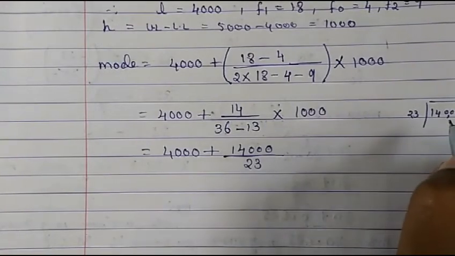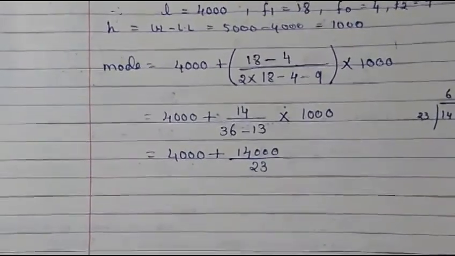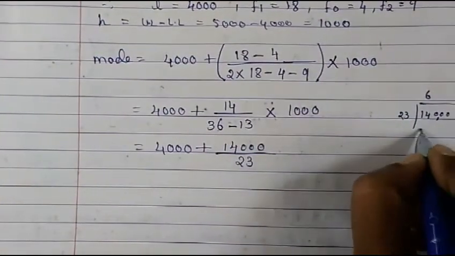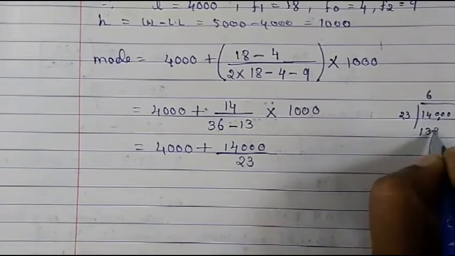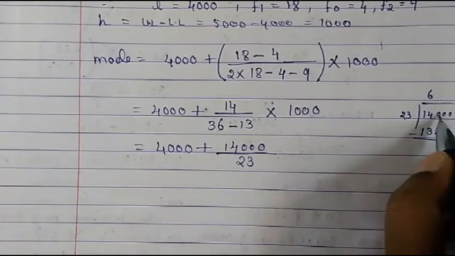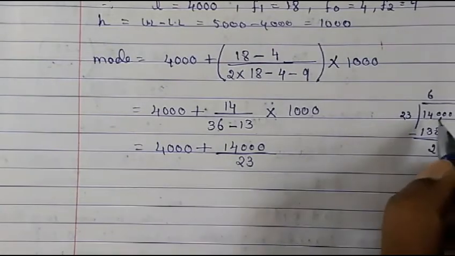In 140, if we take 23, 6 times 23 will give us 138. 140 minus 138 will give us 2.